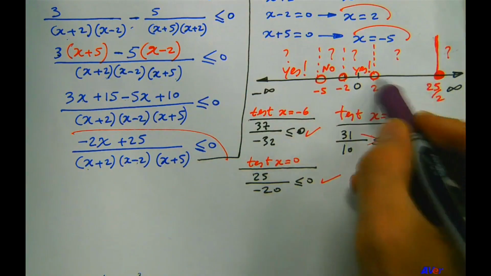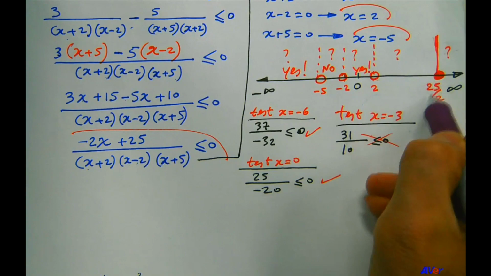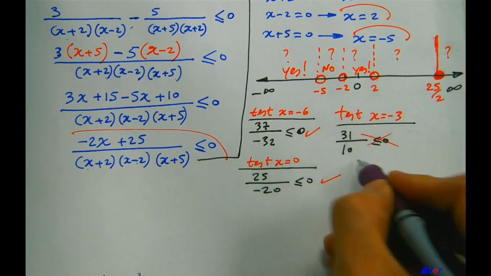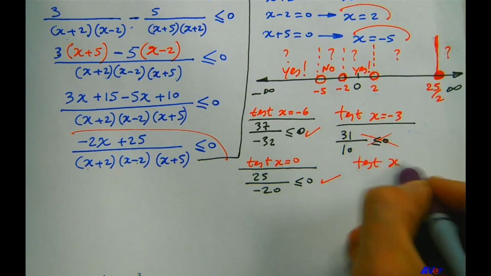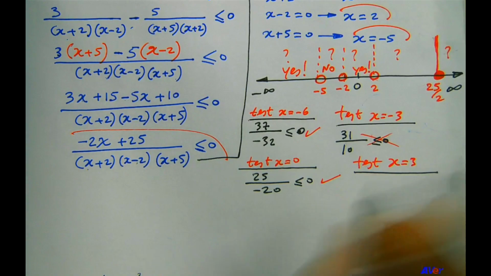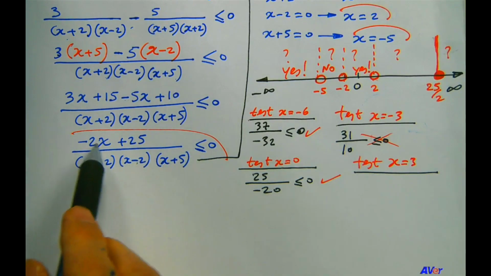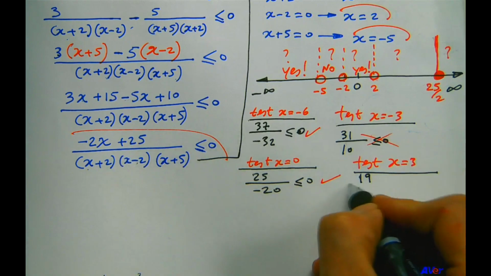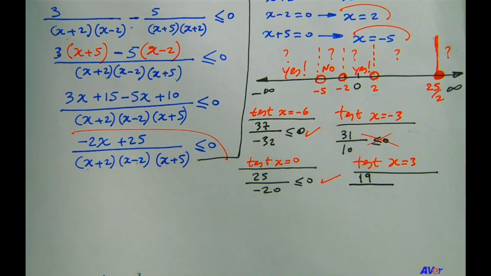Then let's pick an easy number between 2 and 25 over 2. An easy number would be 3. Right? Test positive 3. x equals 3. Plugging in here, we get negative 6 plus 25, that's positive 19.